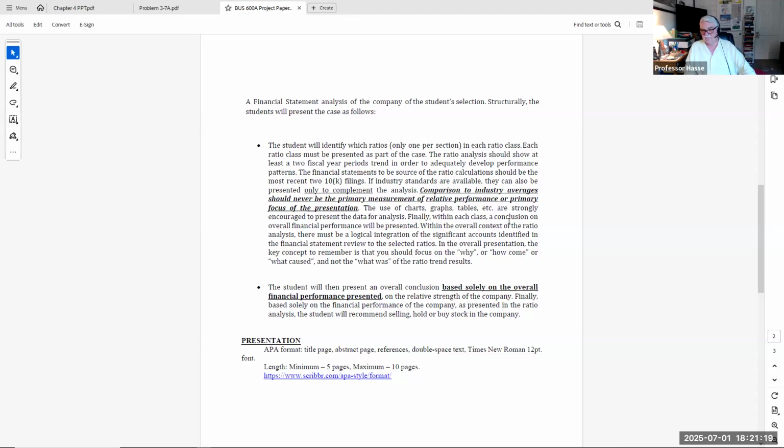So please note that. Minimum of 5 pages, a maximum of 10 pages. I don't want a lot of writing. I want a lot of detailed, succinct, quick analysis. If any of you need a refresher course in APA formats, here's a link that can help you with that format.